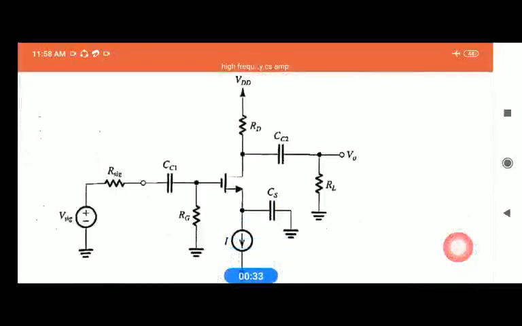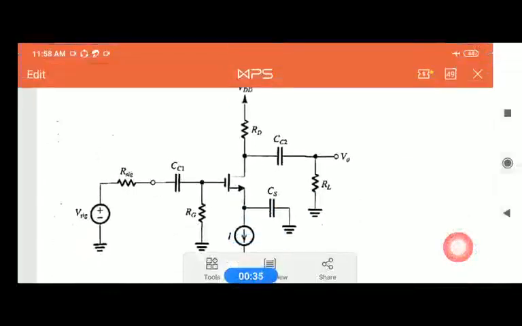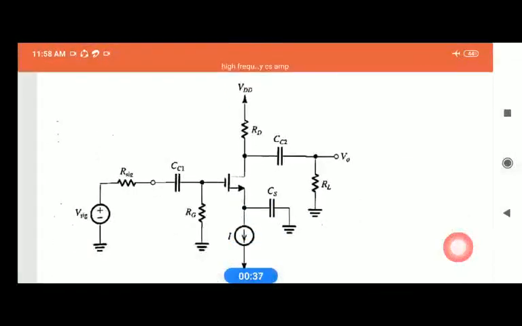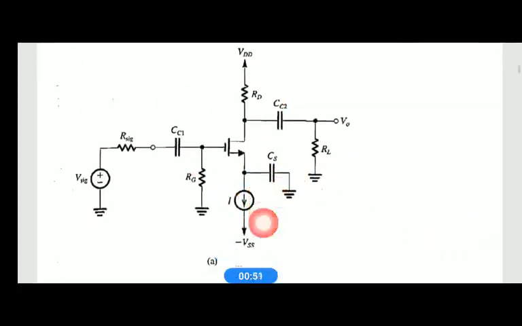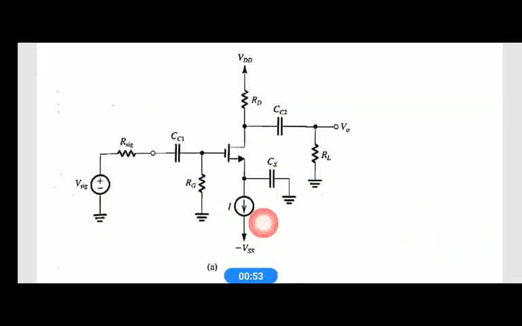Okay, so the same circuit, meaning the same CS amplifier, we are using to analyze the low frequency response. This is our CS amplifier, using constant current source biasing in its design.